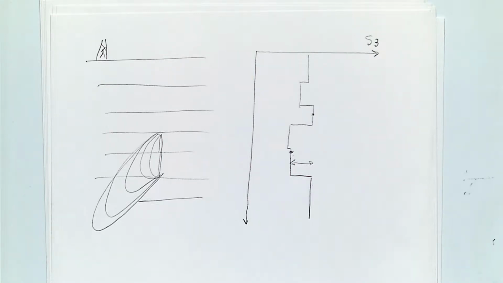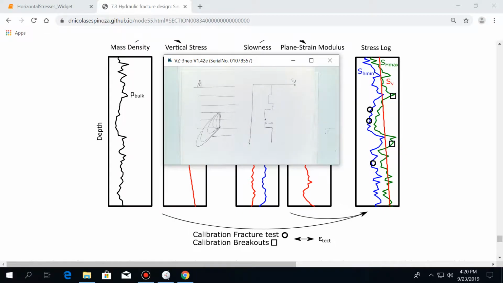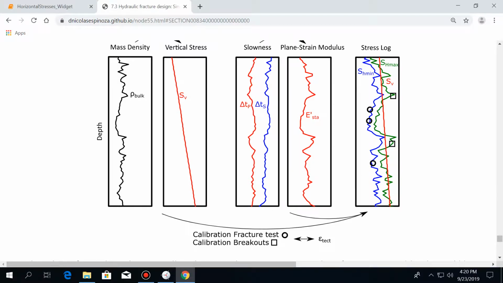In your assignment, again, you're going to have something a little bit more realistic like this, but still you're going to have some local minima that, depending on where you place your perforations, is going to dictate where the hydraulic fracture is going to stay. Yes, Bethany?